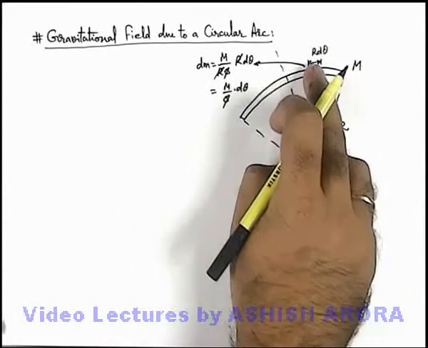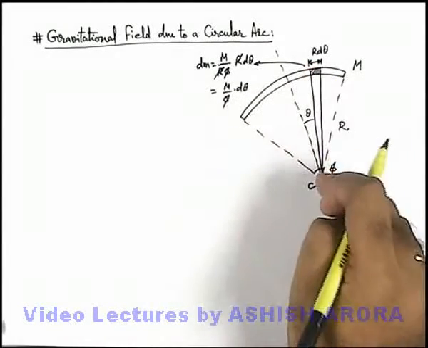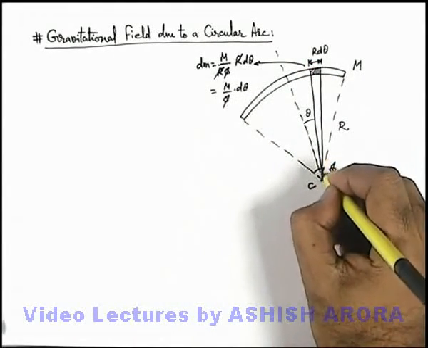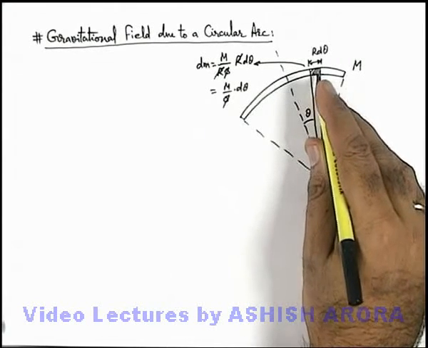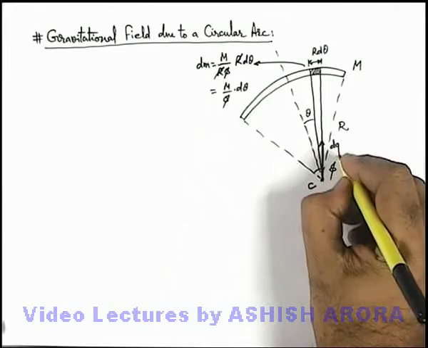Now, due to this element, we can see the gravitational field at the center will be along the direction of this elemental mass dm, and say it is dg.